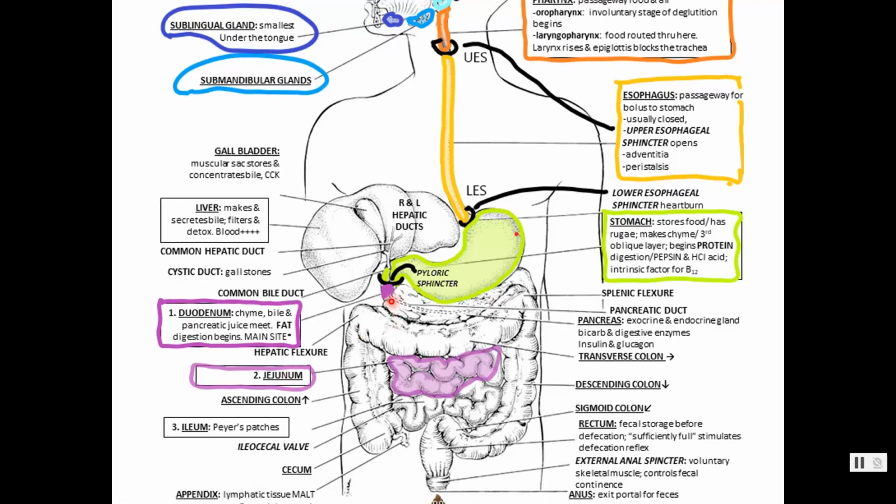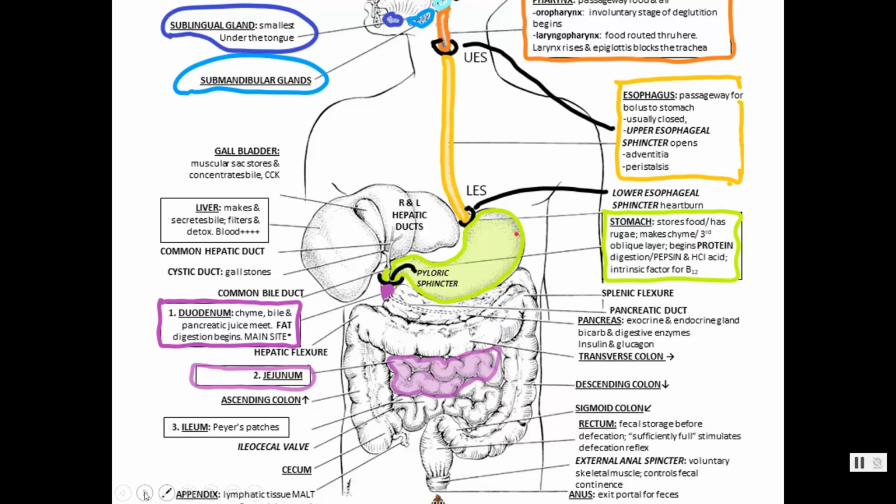So the duodenum makes a C loop, and it sort of cradles the head of the pancreas, and then it's going to come back out over here on the upper left quadrant. As soon as it comes into the peritoneal folds, or has a mesentery, that's when it becomes the middle portion of the small intestine, the jejunum.